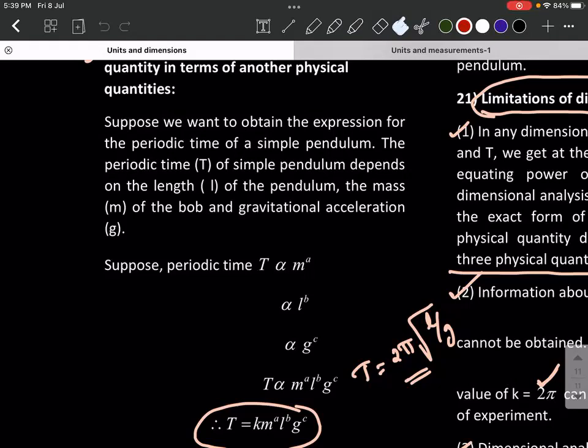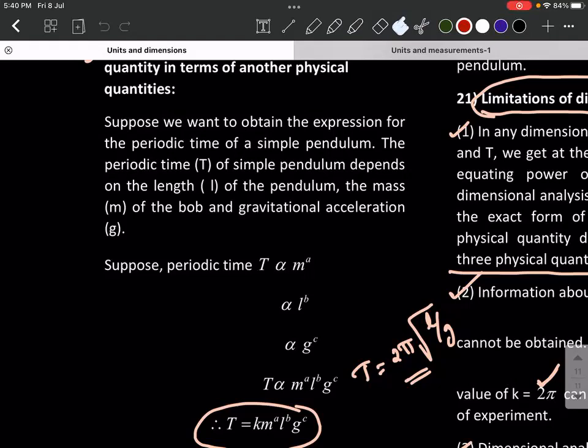First, to check or to convert a physical quantity from one system to another. Second, to verify the dimensional consistency of an equation. And the third is to derive a mathematical expression for a physical quantity when we know how it depends on the other physical quantities. That was the last topic that we did yesterday.